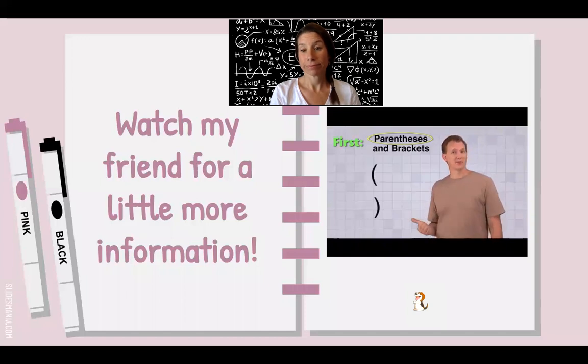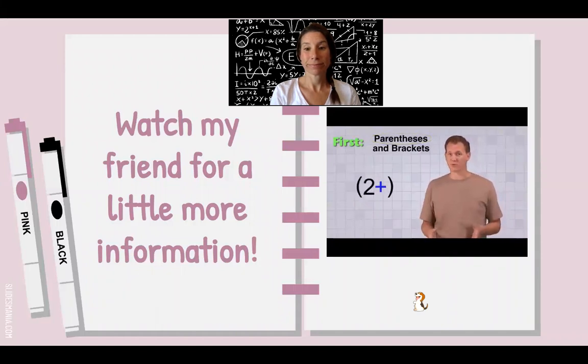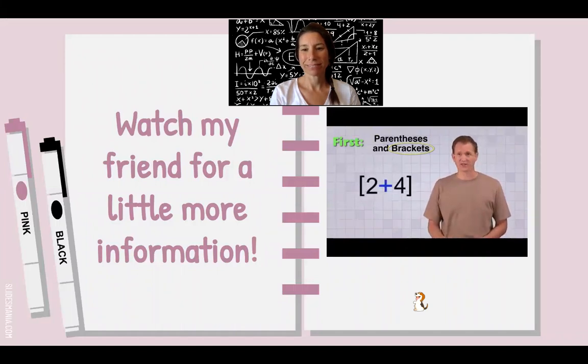Parentheses are just these symbols that curve forwards and backwards, and they're used in pairs like this. And when we put numbers and operators in between them, it forms a group. It's almost like the parentheses form a package to hold whatever math stuff we put inside them. And brackets work exactly the same way as parentheses. They just have a different shape that looks a little more boxy, but they mean exactly the same thing.